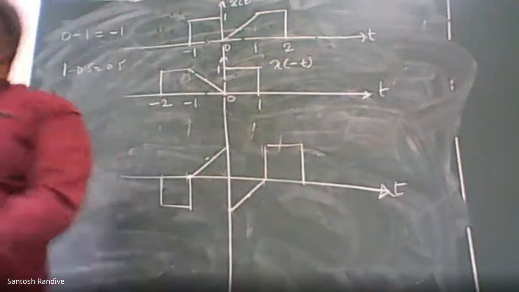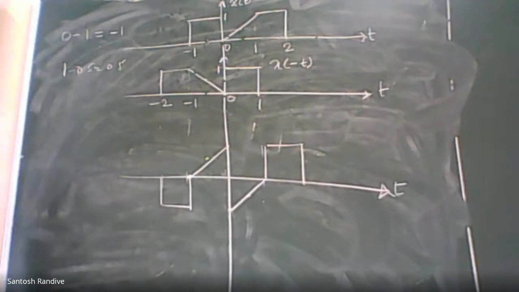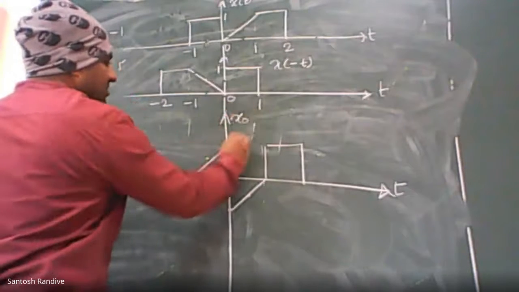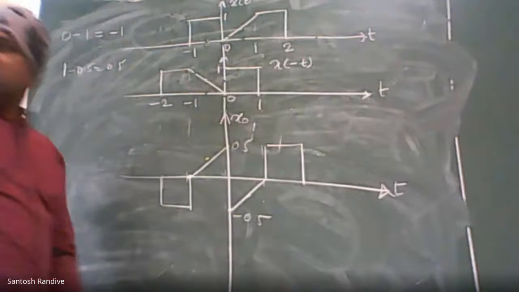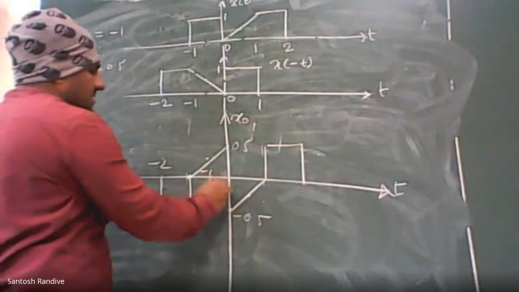Got it? Just reduce the amplitude. Directly I draw XO of t. This is 0.5. This is minus 0.5. Okay? This will be -2, -1, 0, 1. This is what?